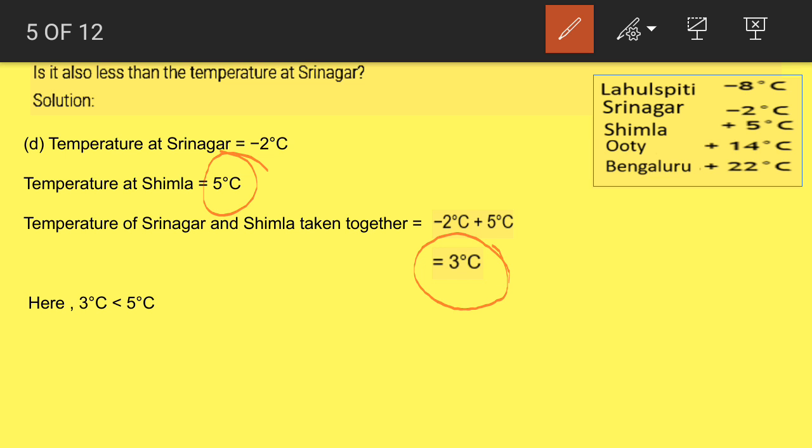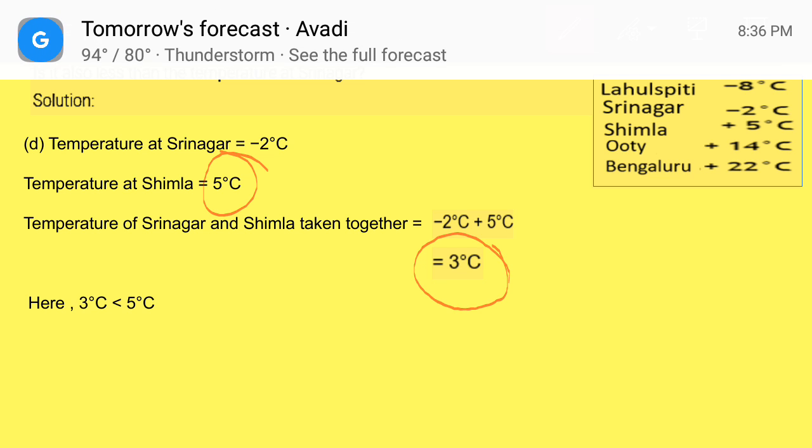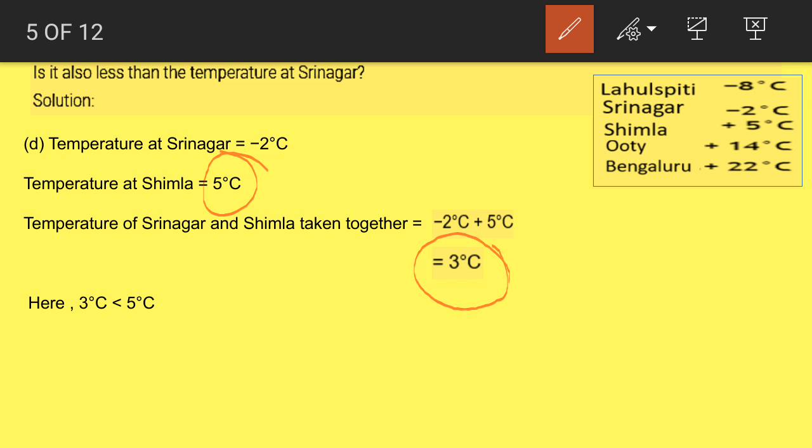Just compare these two values. Here the temperature taken together, 3 degrees, is less than the temperature at Shimla. So they have asked whether it is less or not. So this is less. This is less than.